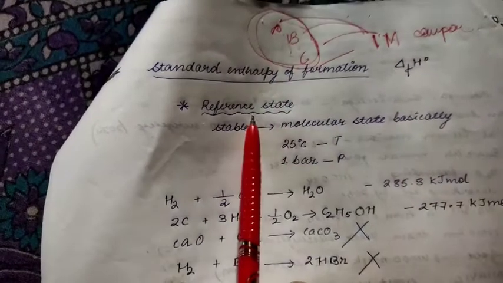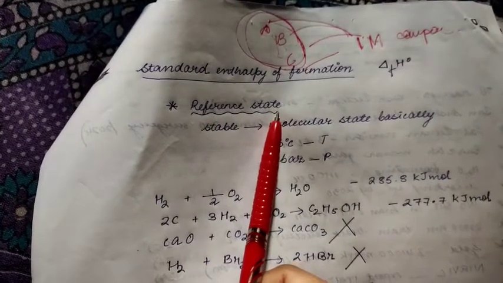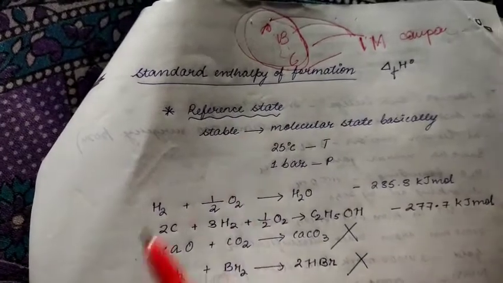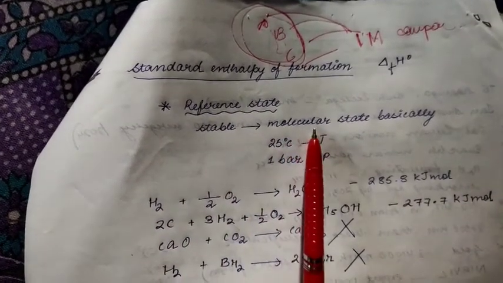Now the only point is that we have to know what you mean by stable states. Okay, stable state is also referred to as the reference state. What is the meaning of reference state? When the element is stable. Stable means they do not have any tendency to react, they are in the molecular state.